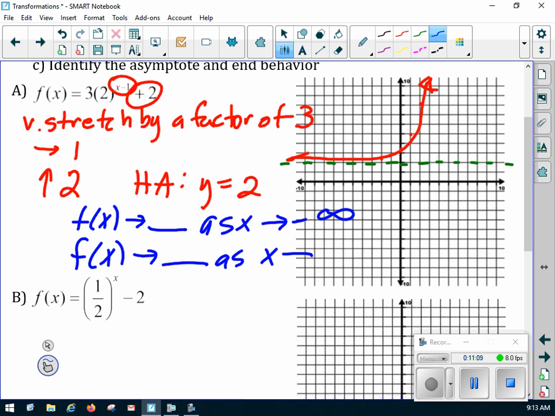As x approaches negative infinity, what do the y values get closer and closer to? To 2 this time. And as x approaches infinity, y also approaches infinity. There you go.